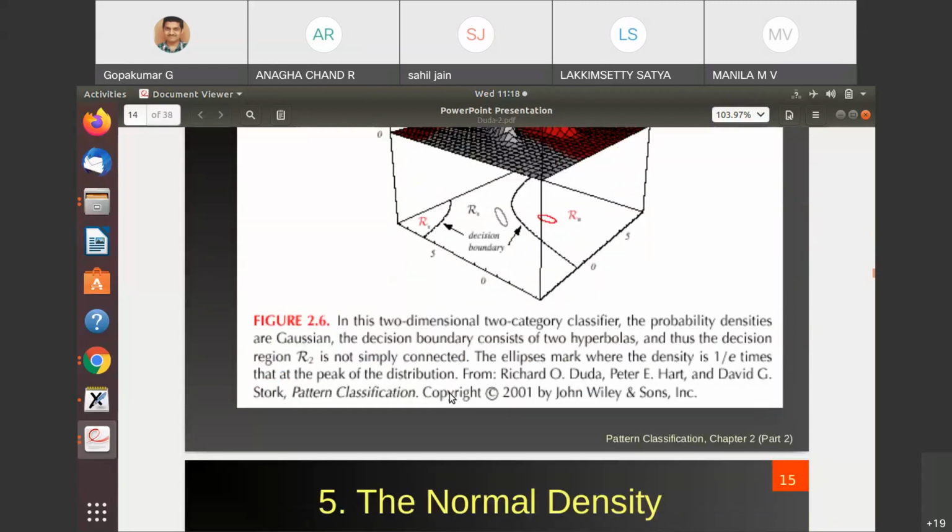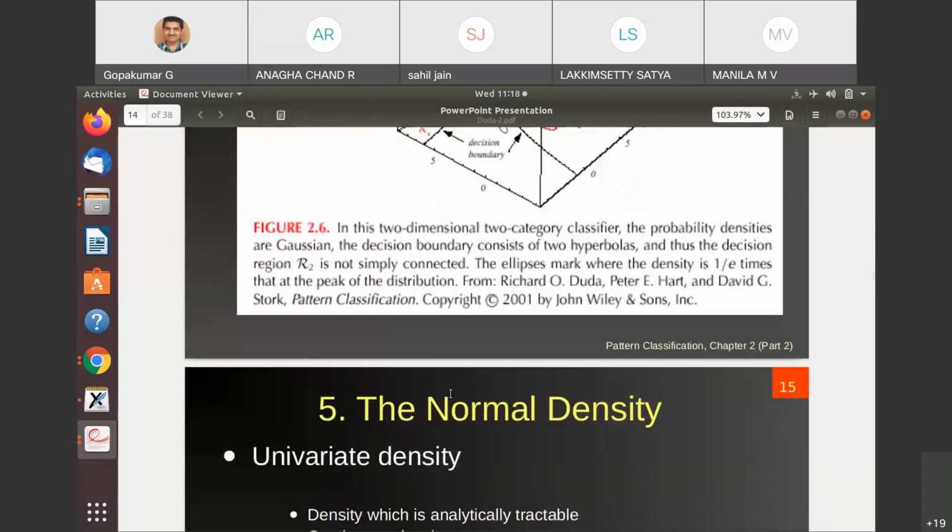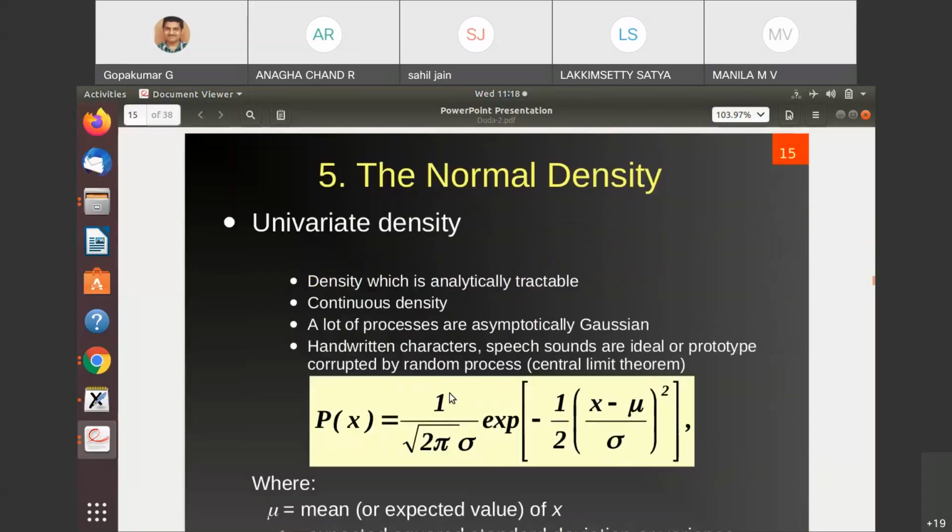So now we will quickly go through the most commonly used standard density functions which can be used for our analysis, and how we can assume that this particular probability can be represented by this standard probability distribution. So that is our aim.